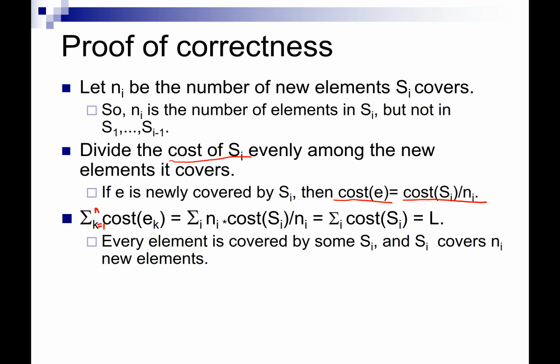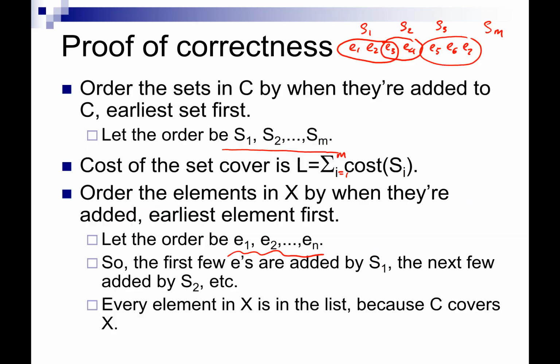Then what that equals is, well, each of these sets Si covers ni new elements, and all of these new elements which are being covered by Si have the same cost. For example, S3 covered 3 elements, so all of these 3 elements have the same cost, which is equal to the cost of S3 divided by 3.